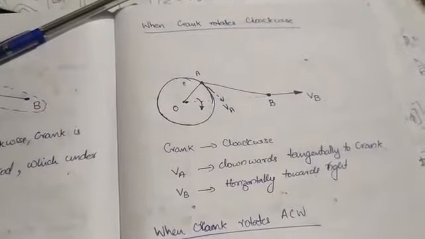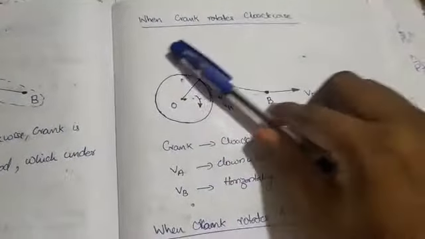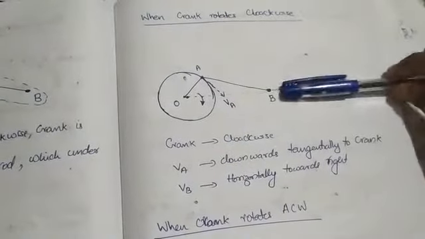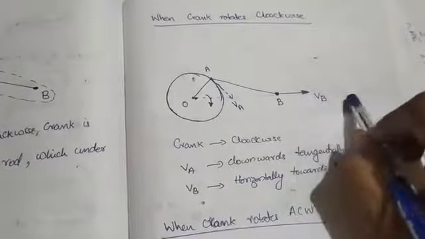So the thing is, if the crank is rotating clockwise, VA will be downwards, right? And VB, the velocity at point B, that means the piston velocity, will be towards the right.